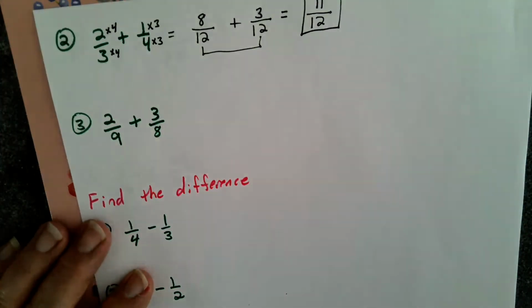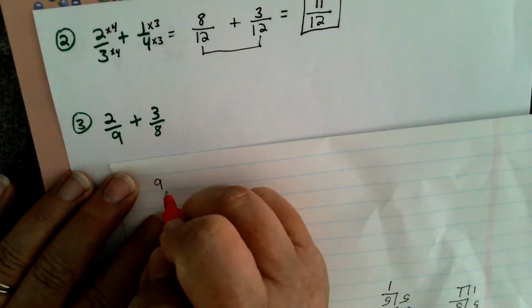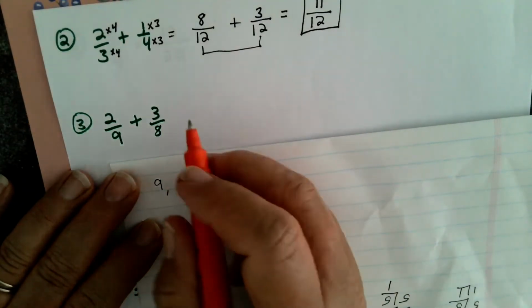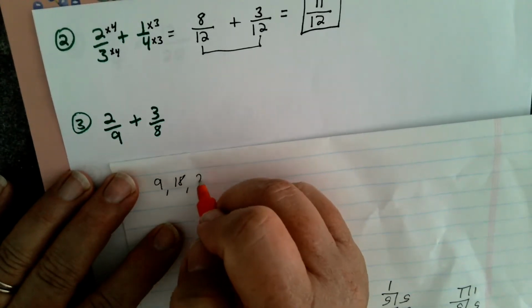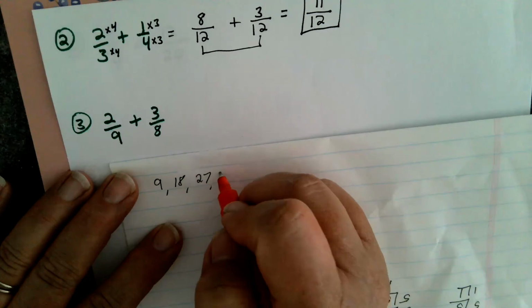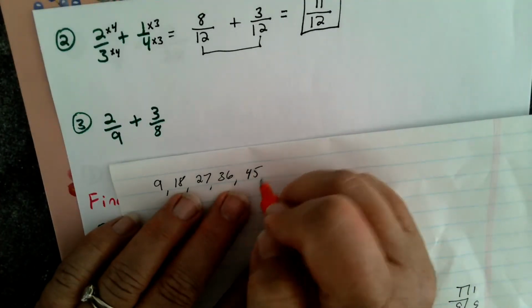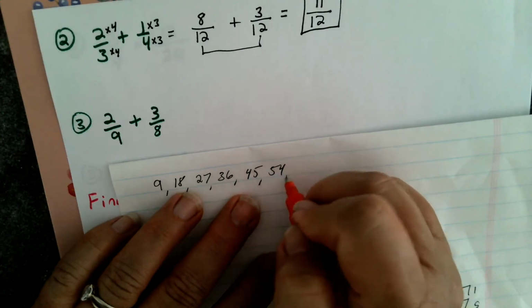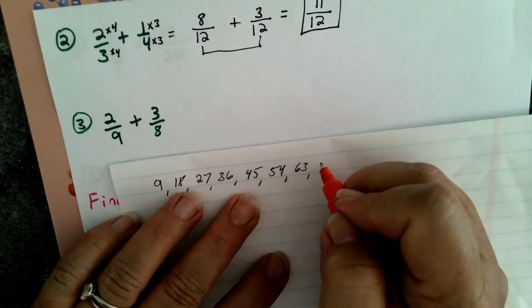So I have a 9 and an 8. So same thing, I'm going to take my 9 and write down my multiples. So 9 times 1 is 9, 9 times 2 is 18, 9 times 3 is 27, 9 times 4 is 36, 9 times 5 is 45, 9 times 6 is 54, 9 times 7 is 63, 9 times 8 is 72.